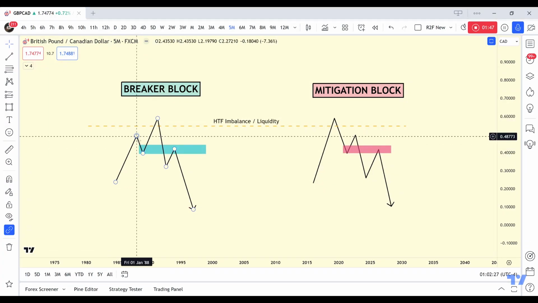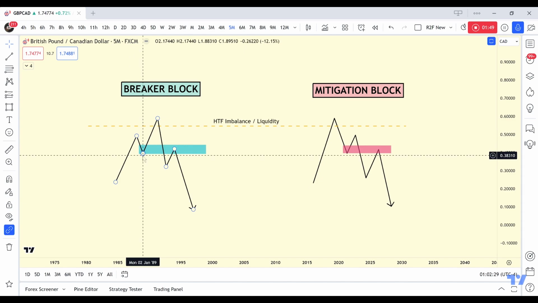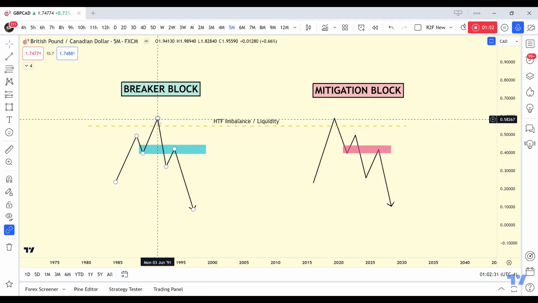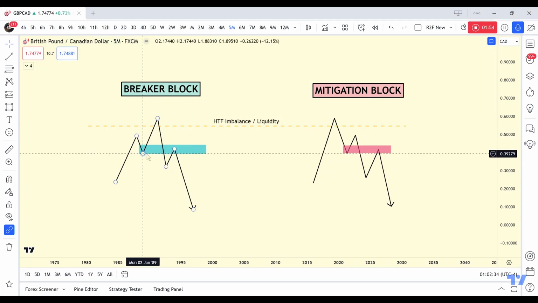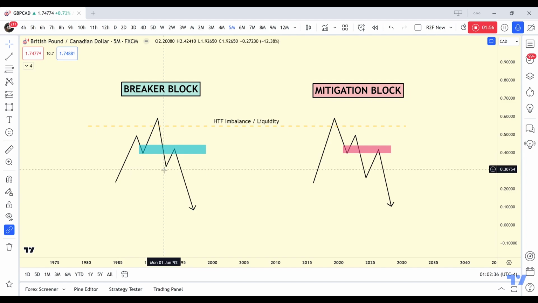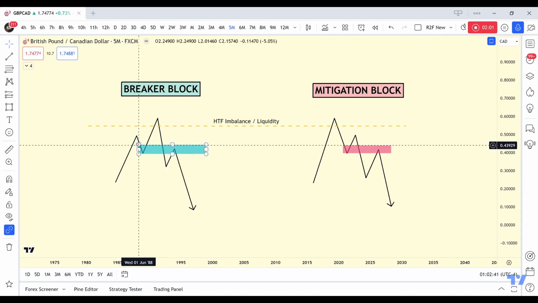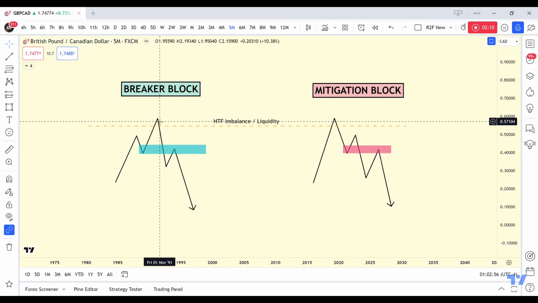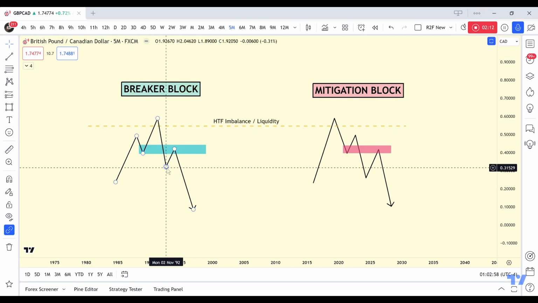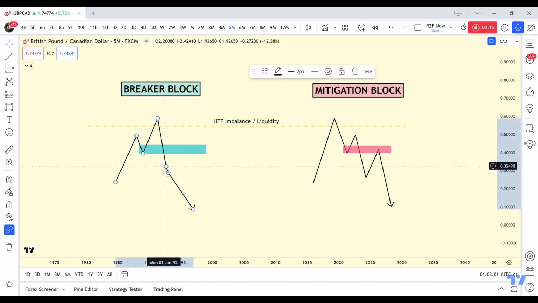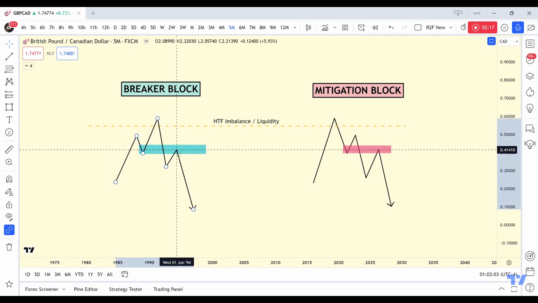So when you see price make a higher low, a higher high, and then it breaks that market structure to the downside with a good displacement, the breaker block would be the up candles before the down move. So when price is like this, taking a trade from a breaker would be in this zone.